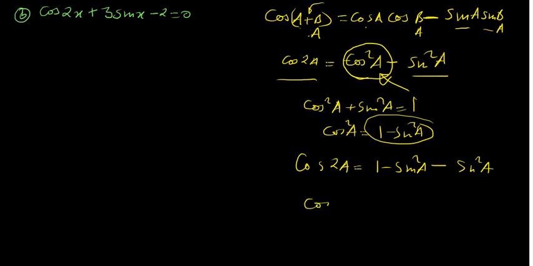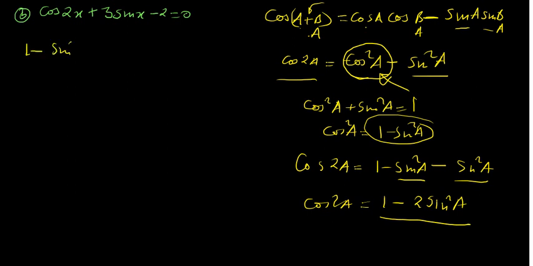That means cosine 2A is the same as 1 minus, we can subtract this to negative sin squared A minus sin squared A will give us negative 2 sin squared A. So where there is cos 2A, we can replace with this. So that will give us 1 minus 2 sin squared. But here we're not using A, we are using X, so that becomes X. And then now plus the 3 sine X minus 2, and that is going to be equal to 0.